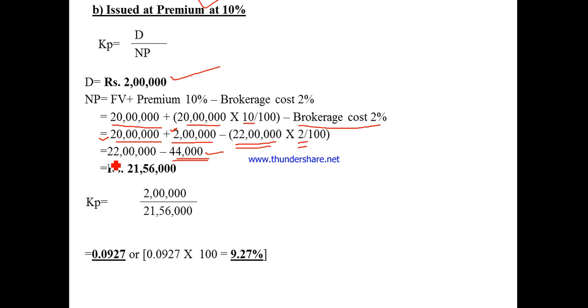So 22 lakh minus 44,000 becomes 21 lakh 56,000. Therefore cost of preference share equals 2 lakh divided by 21 lakh 56,000, which is 0.0927. Multiplying by 100, we get 9.27% as the cost of preference share when issued at a premium of 10%.